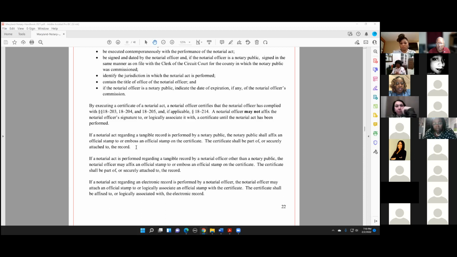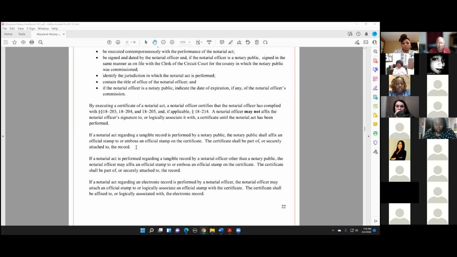And when it says the certificate shall be part of, that's the same as saying it can be pre-printed on the document, you know, state, county. Then it says, or securely attached to the record. And now we're talking about the loose certificate that we just looked at.